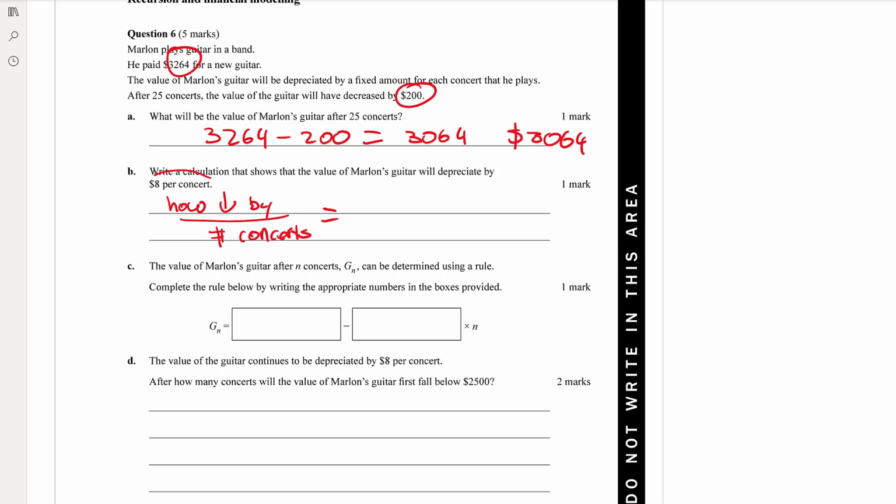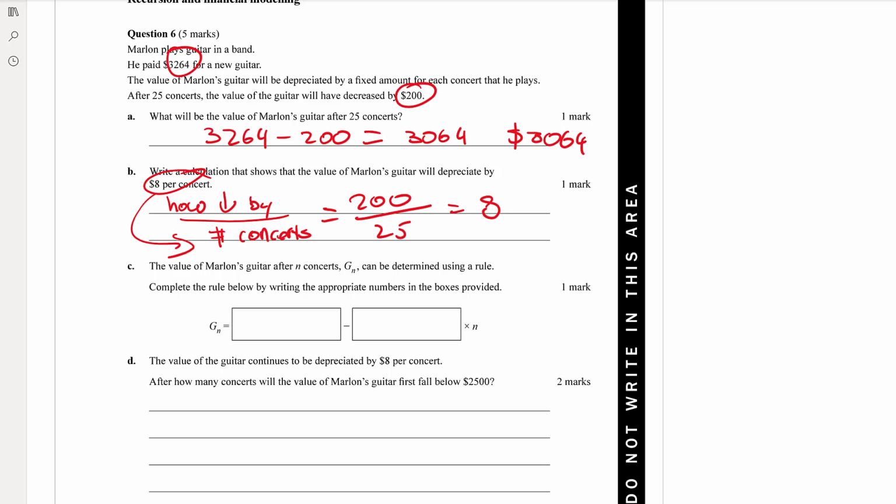Because it's per concert, that's where that comes into it. So the amount's decreased by 200, and we've had 25 concerts. If you put that into your calculator, you'll get 8.